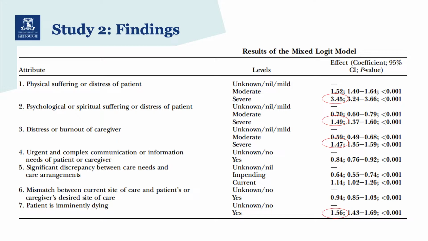And then the patient imminently dying, the patient being psychologically distressed, or the caregiver being distressed, were also quite strongly influential. But each individual factor was independently and statistically significantly influential on decision making, and that really just affirmed the importance of our qualitative work, that each of the 7 factors that came out of our qualitative work were really important in how clinicians approached assessment of urgency.